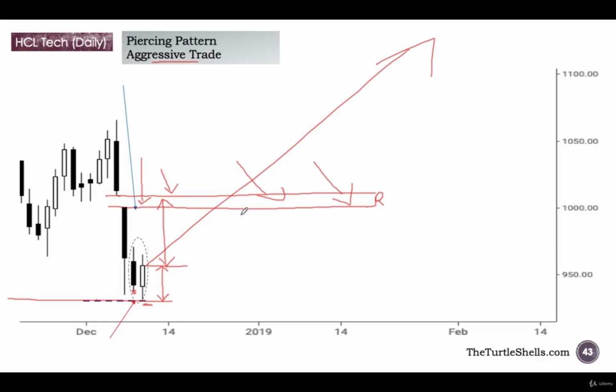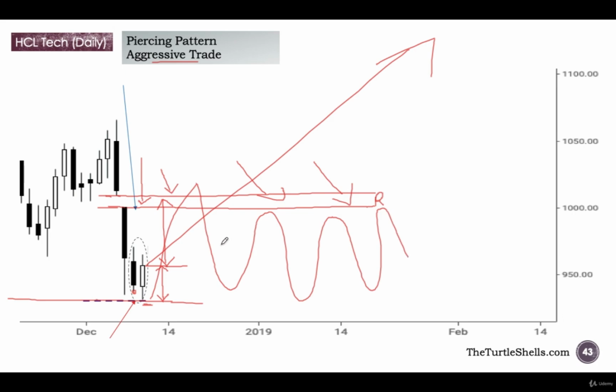So a smart trader who understands Japanese candlesticks and has the ability to combine Japanese candlesticks signals will very well know that taking a trade here is very aggressive. It is a low probability trade and the price might get stuck between this box range.